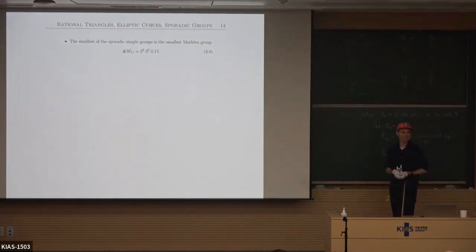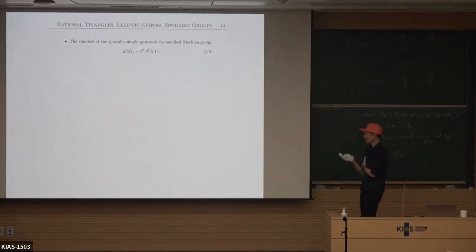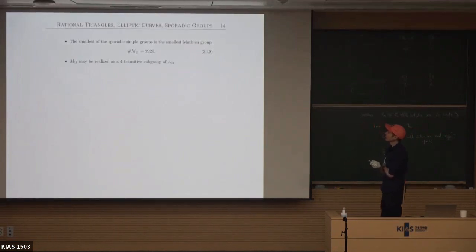It's one definition. So this is a sporadic simple group. Here is its order. It's a much more manageable number. And it's a 4-transitive subgroup of A11.